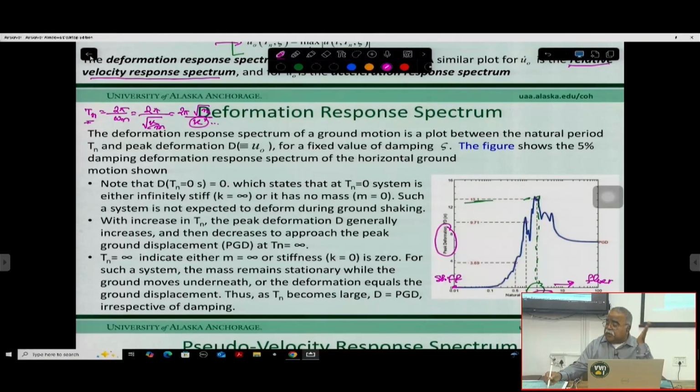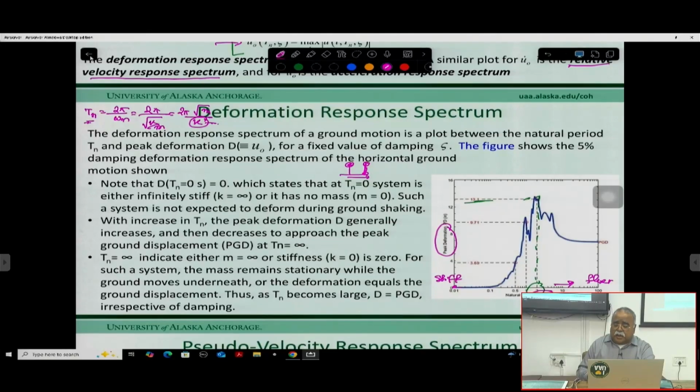So that means it's a very large mass, or the stiffness k is basically 0. Then Tn will be infinity. So for such a system, the mass remains stationary when the ground underneath it moves, right? So that is the picture we have seen, showing you that this is the case. The ground moves, the mass remains stationary. So in that case, it will be like this.